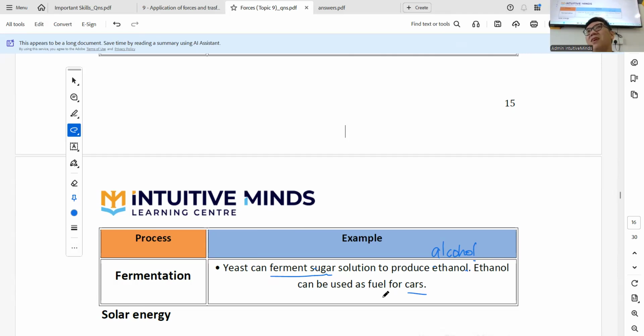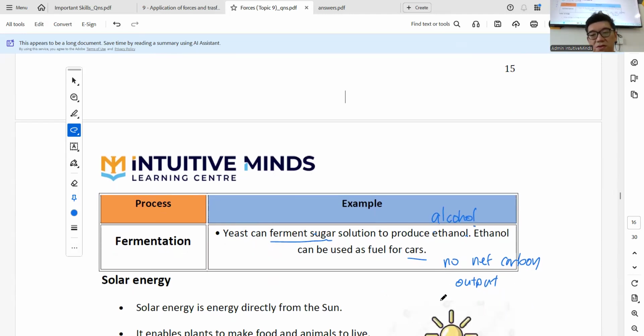Some people say it's very good because there is no net carbon output. So it does not contribute to greenhouse gas.